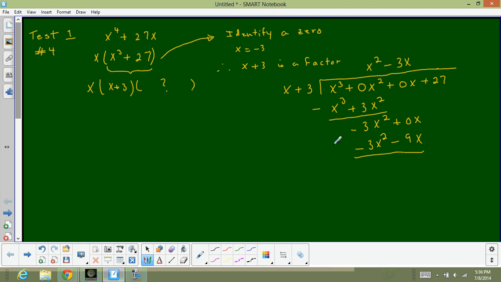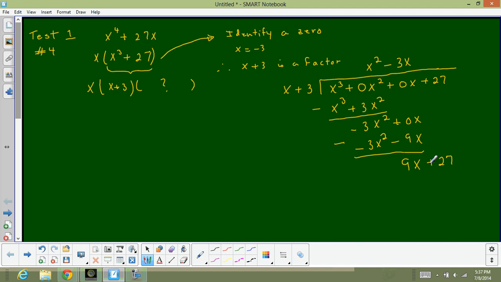Just like in arithmetic, you subtract. Negative 3x squared minus negative 3x squared, those go away, and there won't be any x squareds. And 0 minus minus 9x is 9x. And now we bring down our 27, which is a plus 27.